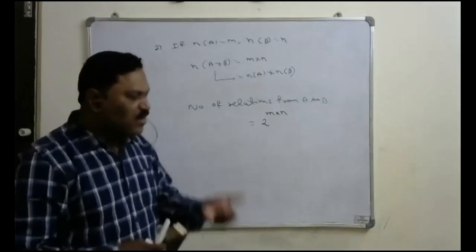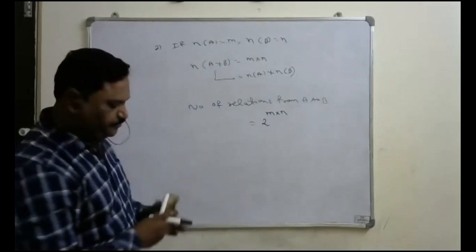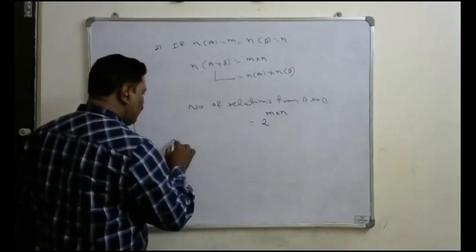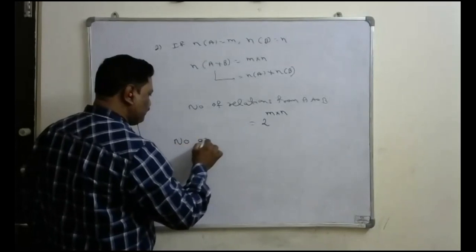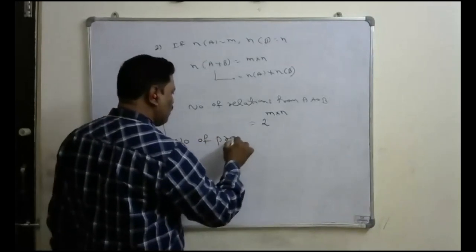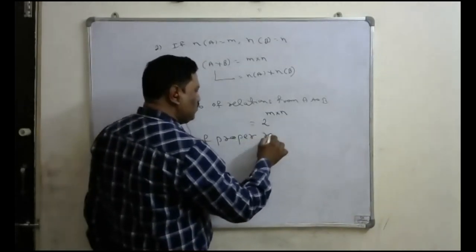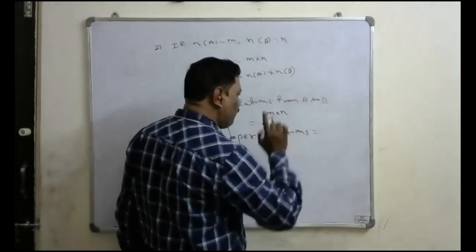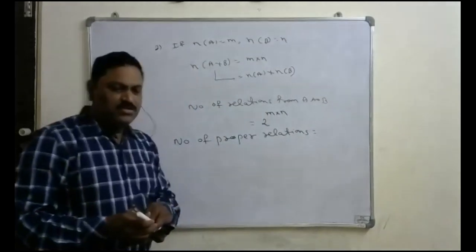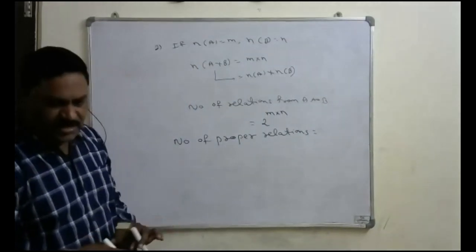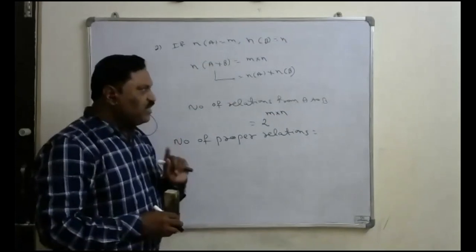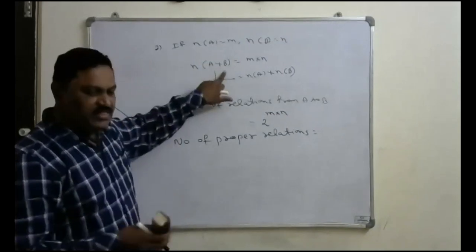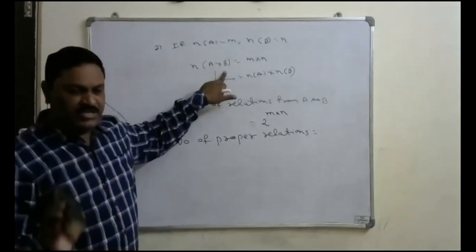Okay, so the number of proper relations, how many? Here you have to understand the relation between the number of relations and the number of proper relations. A cross B is also the universal relation.